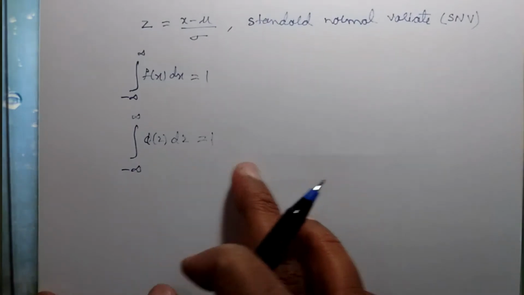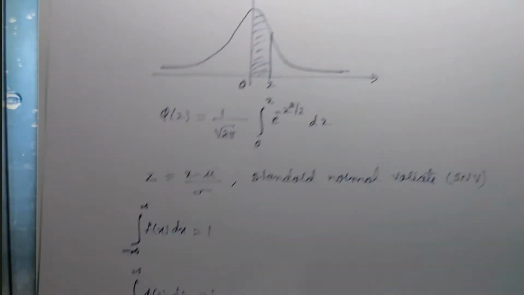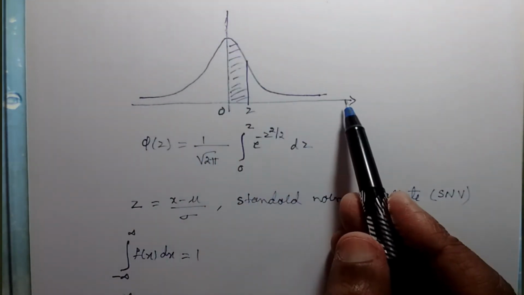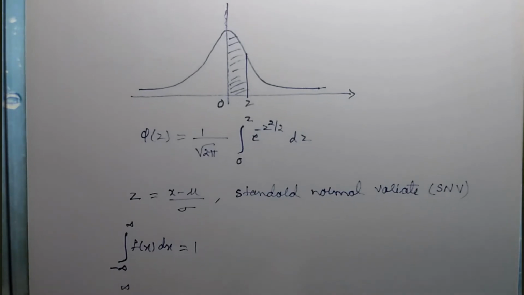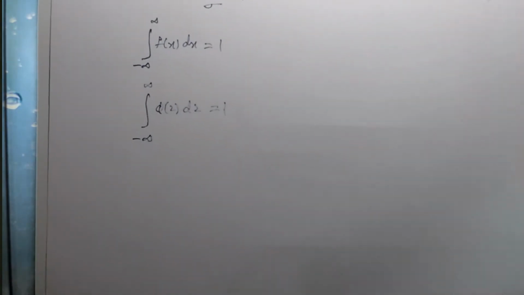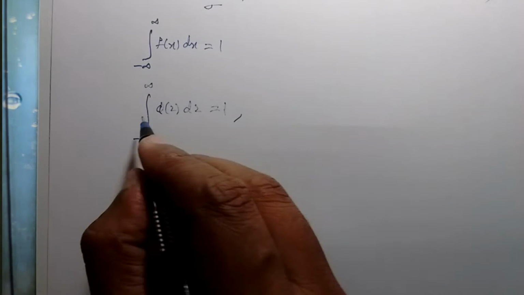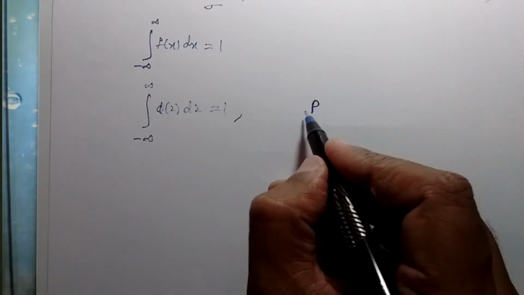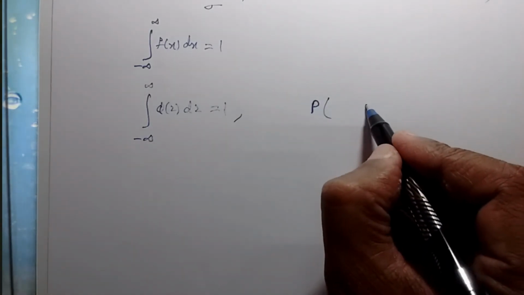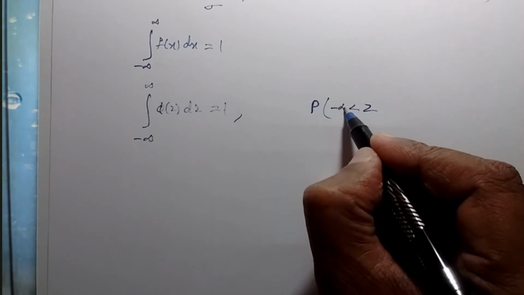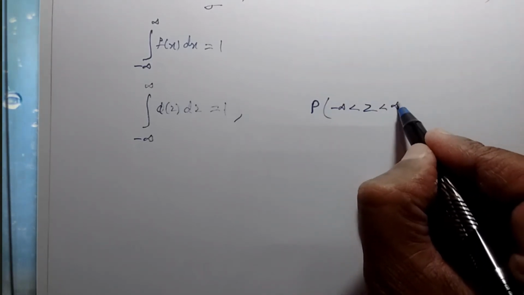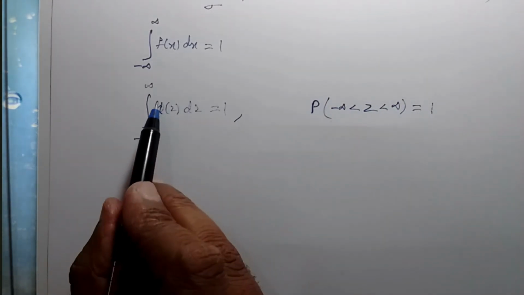That means the area enclosed under the entire normal curve will be equals to 1. Now if I rewrite this in the form of probability, the probability that the value of z lies between minus infinity to plus infinity will be equals to 1.